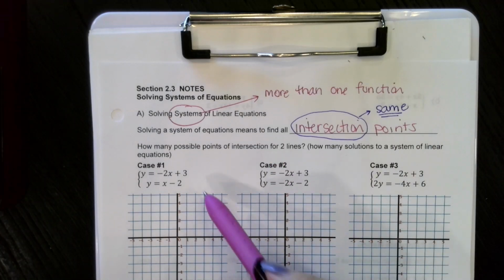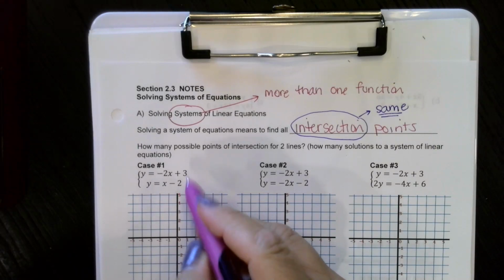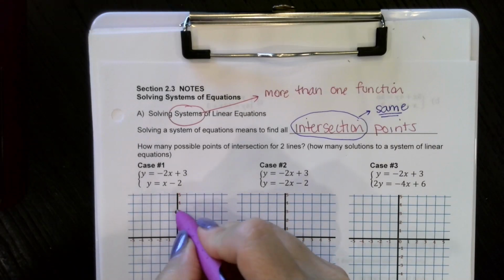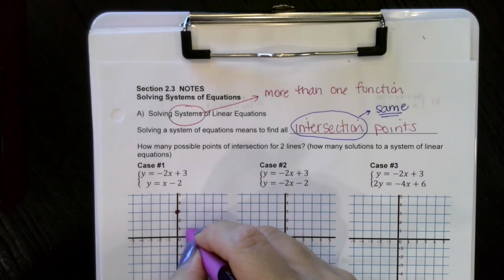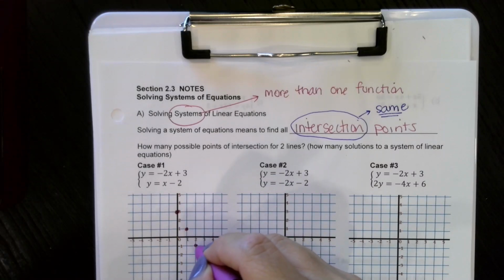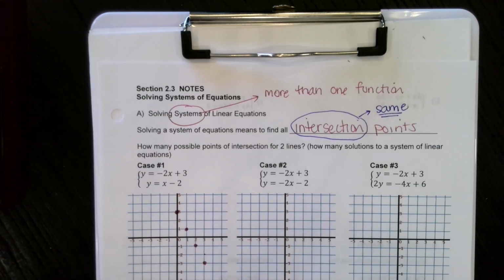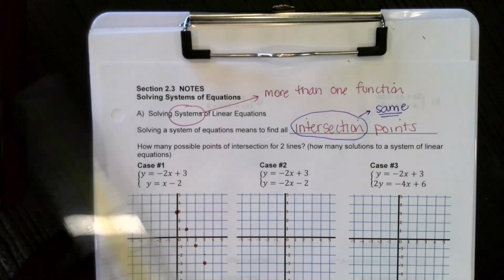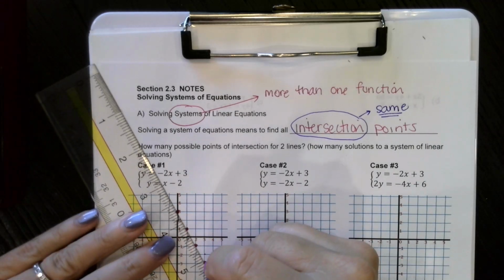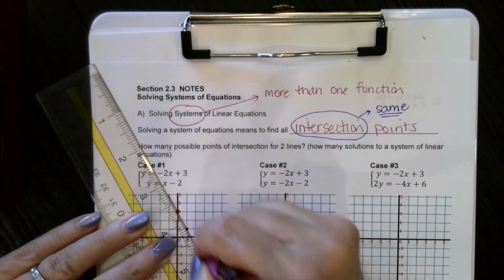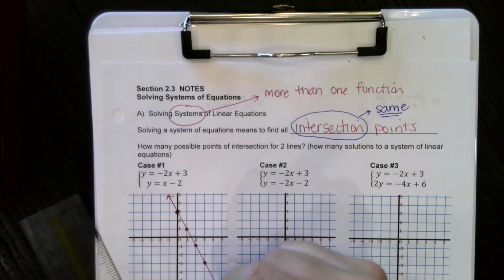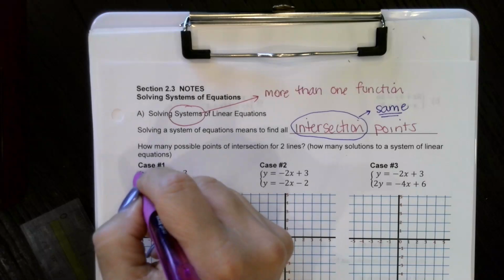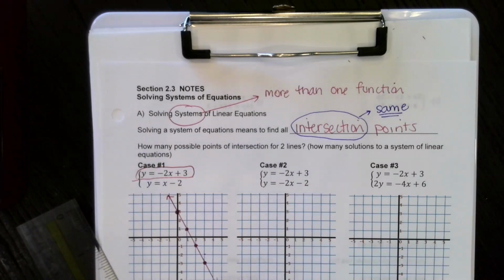So we're going to graph these 2 lines. So if I look at this first one, I'm going to start at 3. My slope is -2, so I go down 2 and over 1. Down 2 and over 1. All right, so here's my line. And I'm actually going to use a ruler because, especially with a linear function, a ruler is going to be super important. So that's my first one, and I'm just going to say that's my pink one right here.